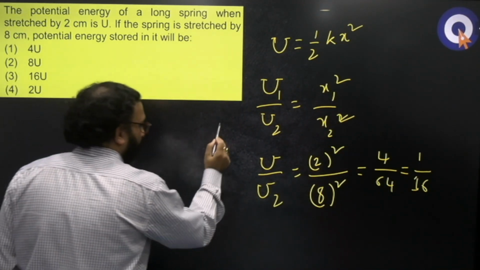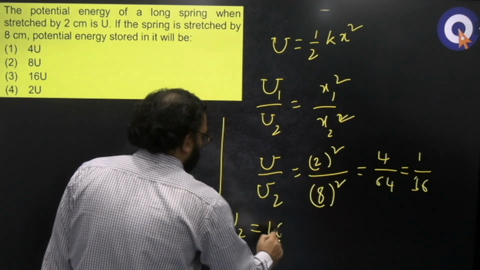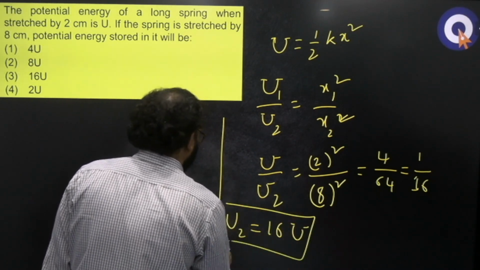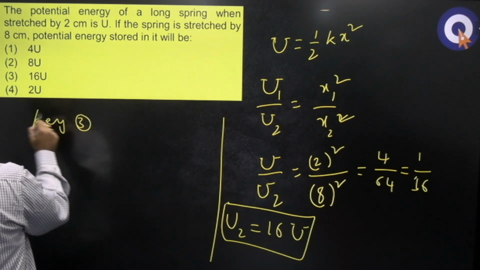So, from this what we can conclude is U2 equals 16U. U2 equal to 16U. Key, third option.